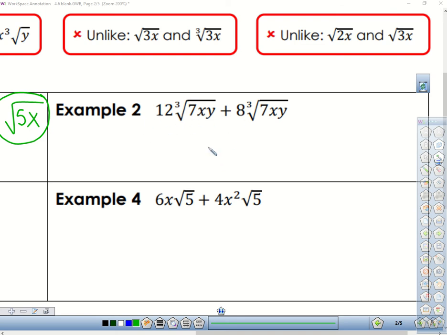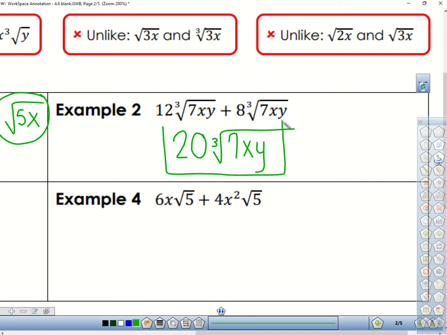So what are my combined coefficients going to be? 12 plus 8, 20. So it's going to be 20, third root of 7xy. And that will be your final answer. Because they're like terms, you just combine coefficients, just like you do with any other like term that you've encountered in math.